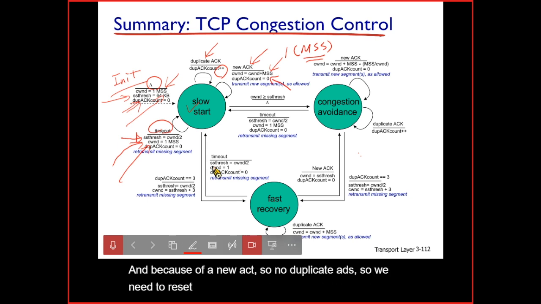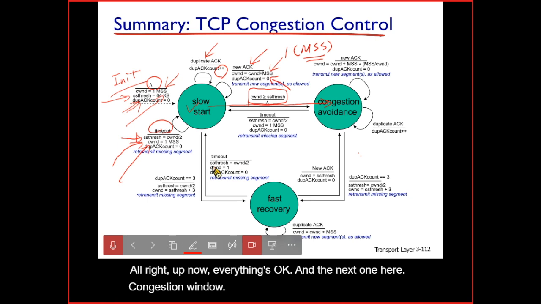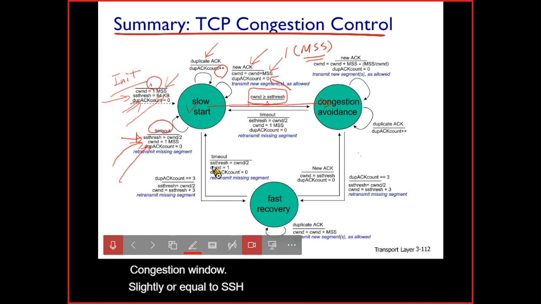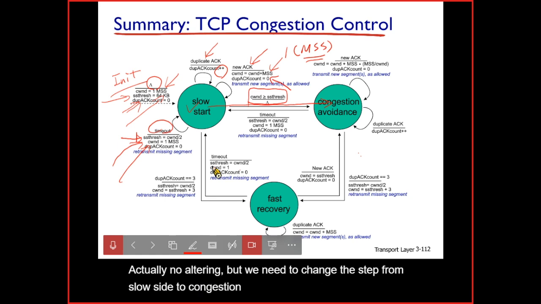And the next one: congestion window greater than or equal to SSthresh. Then we need to change the state from slow start to congestion avoidance, because we need to leave the current exponential way and use a linear way to increase the congestion window, CWND.